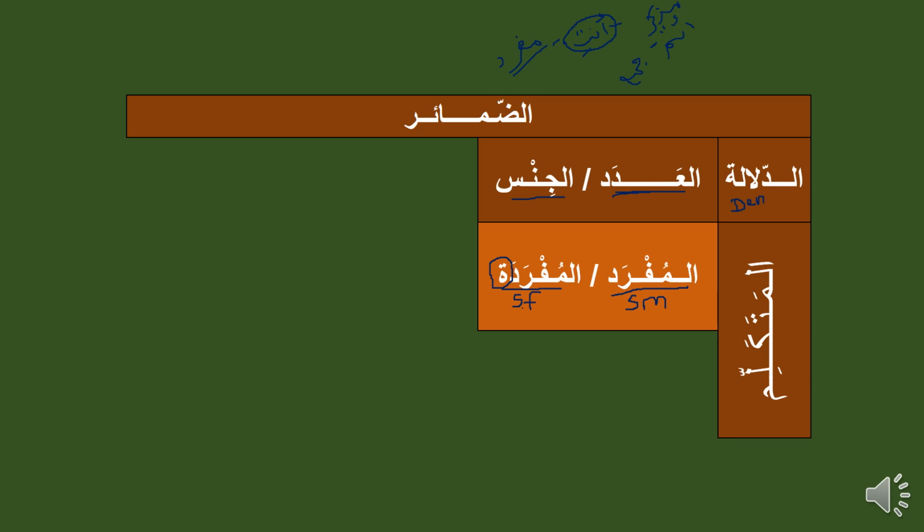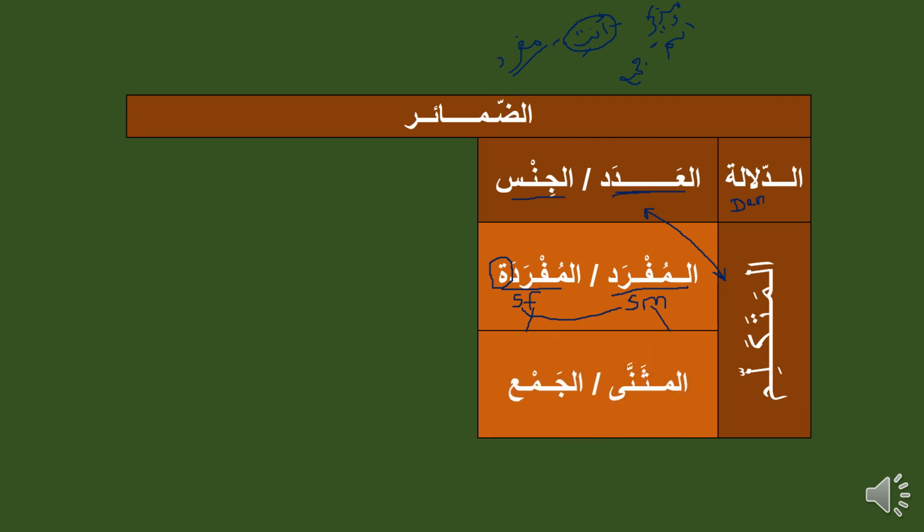So they are both singular, but they are different in gender, which is feminine and masculine. So under this one, we are going to look at domir that falls under mutakallim, the speaker, which is mufrad, singular, singular feminine and singular masculine. So this is what we are looking at under this one.